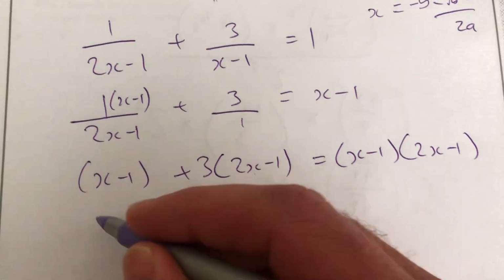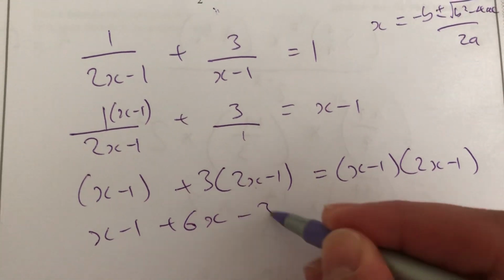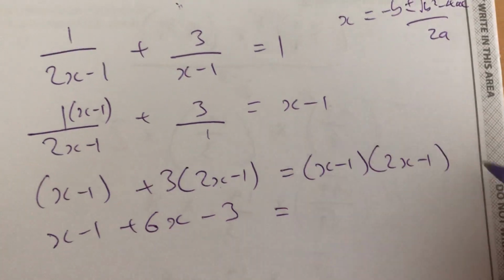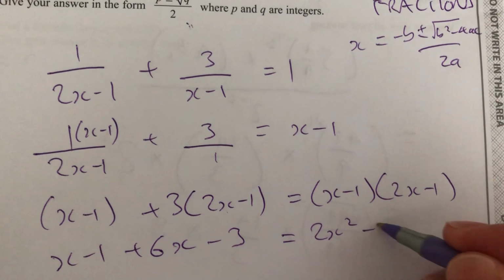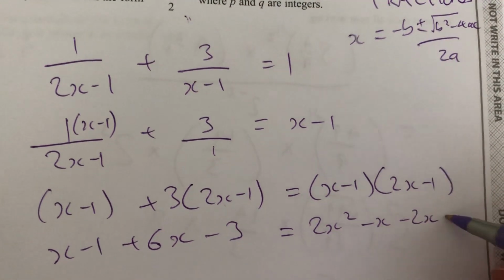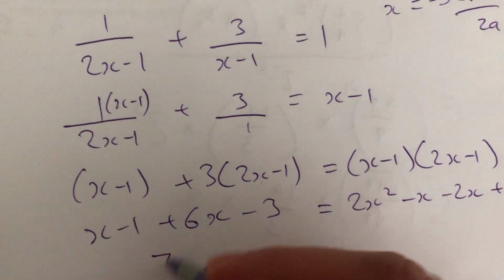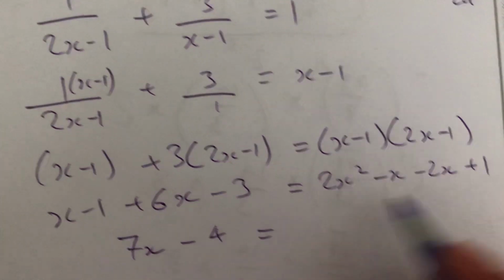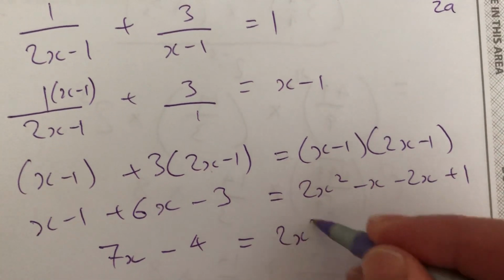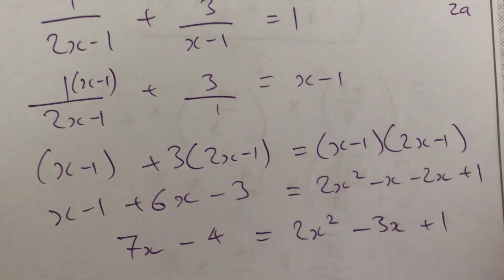So now let's simplify the left-hand side. Plus 6x minus 3. Simplify this, we're going to end up with a quadratic, but that's what I'm expecting. Minus x minus 2x plus 1. Neaten this up a little bit. I think I'm going to get 7x minus 4. Neaten this side up: 2x squared minus 3x plus 1.